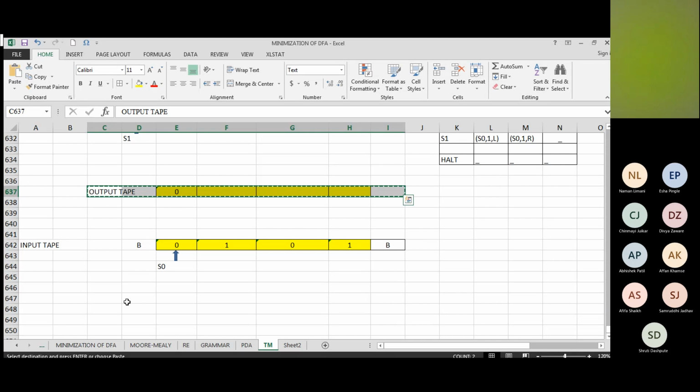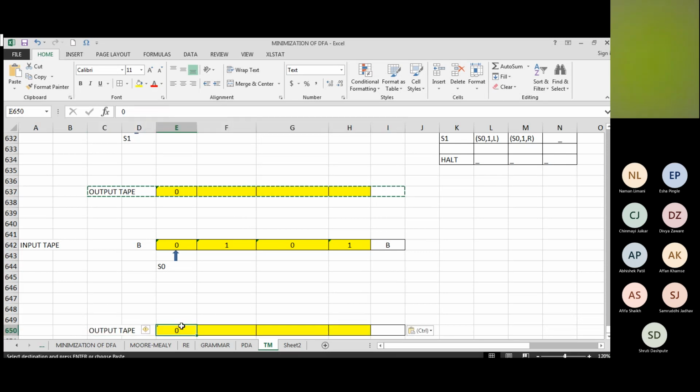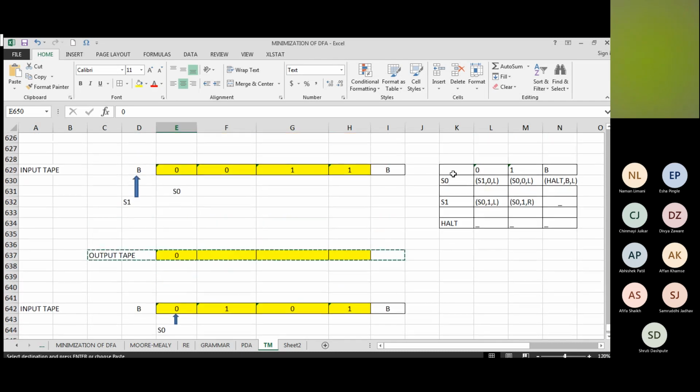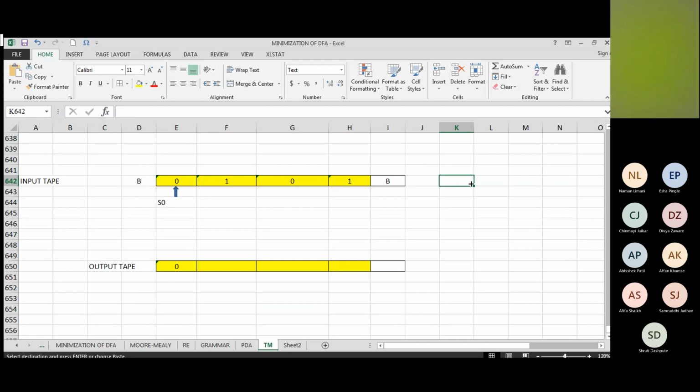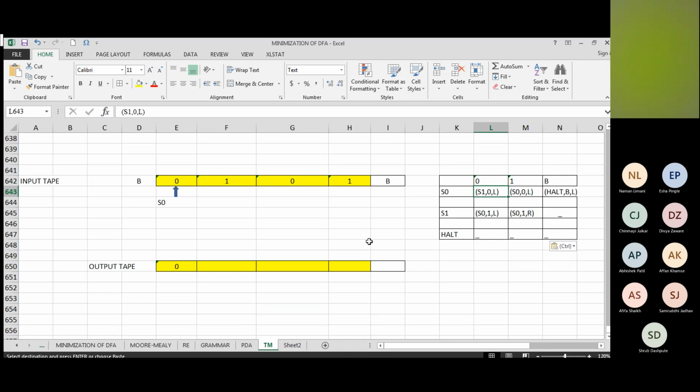It will reflect the same thing, 0. Let us one more time copy this transition table here. S0 with 0 is processed. It reflects it as 0, moves to left and ends up in S1 state. For S1, is transition defined on blank?